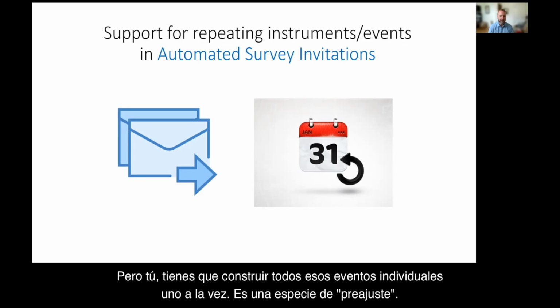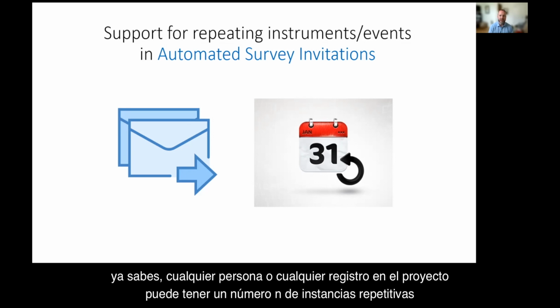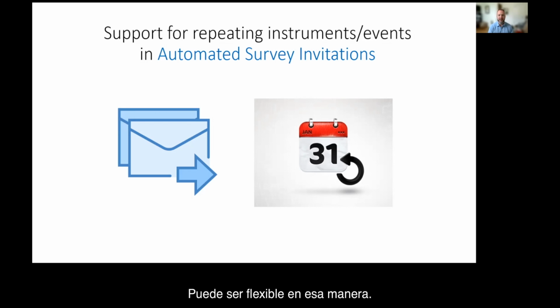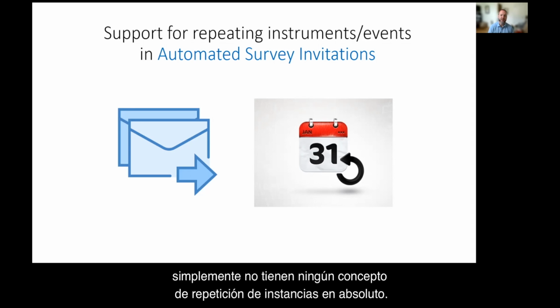It's kind of preset, but with repeating instruments and events, one of the great things is that any record in the project can have n number of repeating instances. It can be flexible in that way. But automated survey invitations don't really work too well with those right now. They have no concept of repeating instances at all.